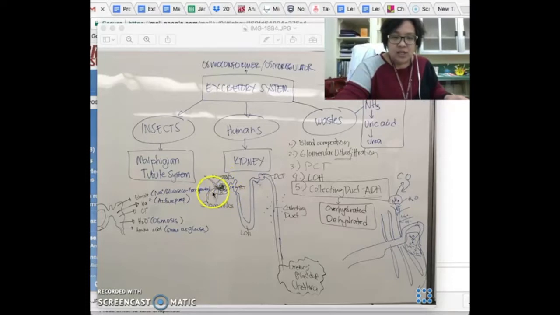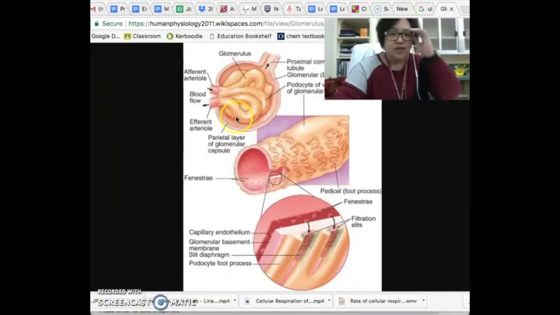Next, we have to look at what's happening here in this part. As you can see, the glomerulus is surrounded by the first tube of the nephron, called the Bowman's capsule. And here we have a process called ultrafiltration. Your blood is super filtered before the waste product can go here into your Bowman's capsule. Let's zoom in on that portion of the glomerulus in your Bowman's capsule.